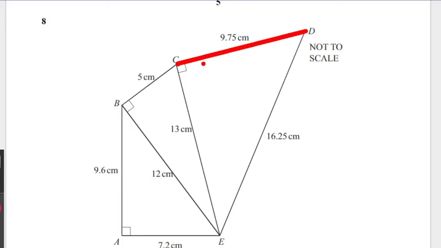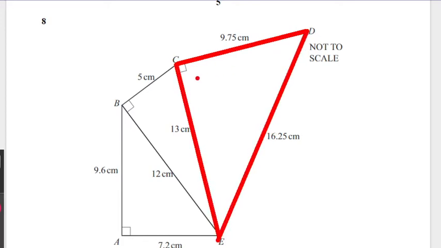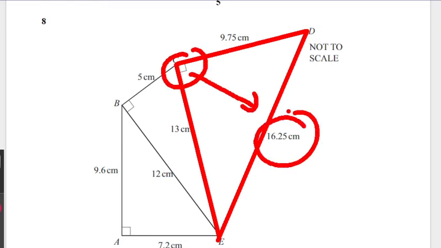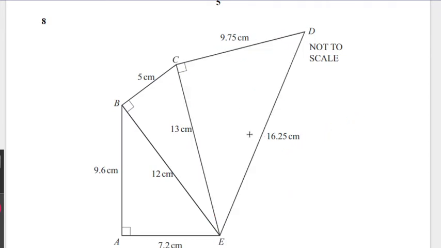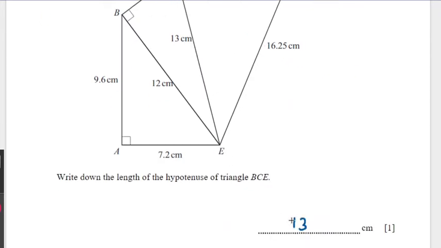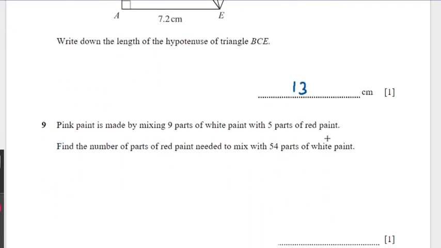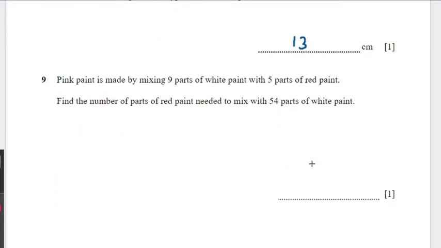Let's say we have this triangle. The one opposite to 90 degrees is our hypotenuse, so the hypotenuse for this triangle is 16.25. So we answered the question already just now, which is 13. That's free 1 mark for you all.